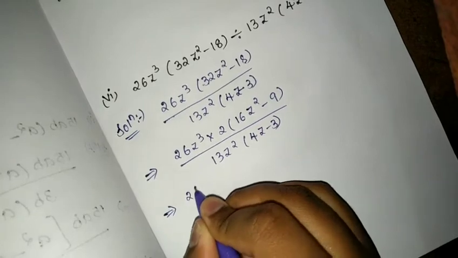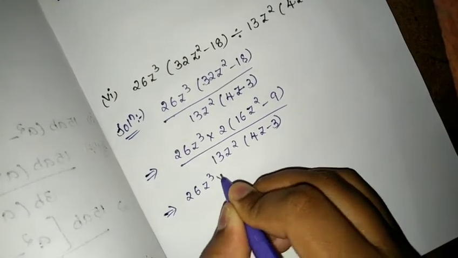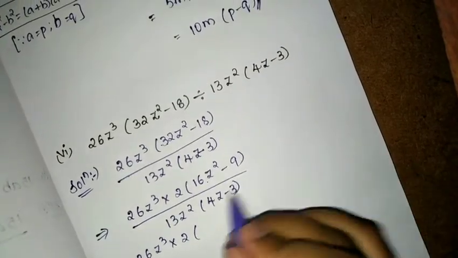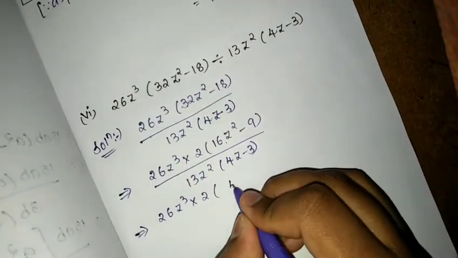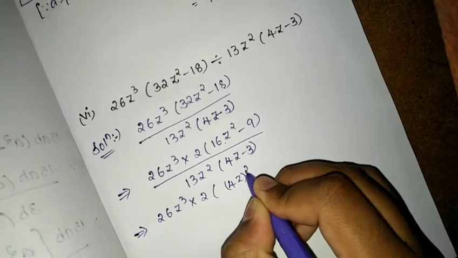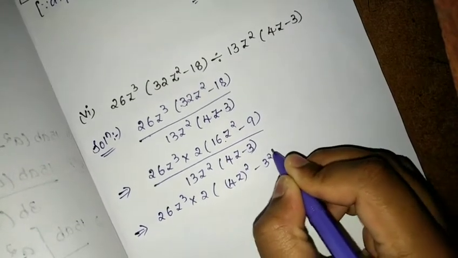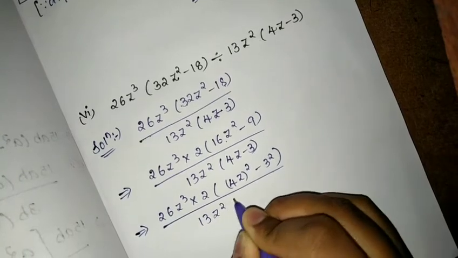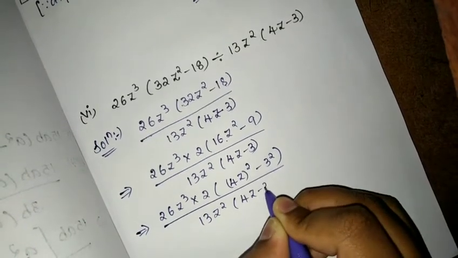Next 26z cube into 2. Again it can be written as 4z whole square minus 3 square divided by 13z square into 4z minus 3.